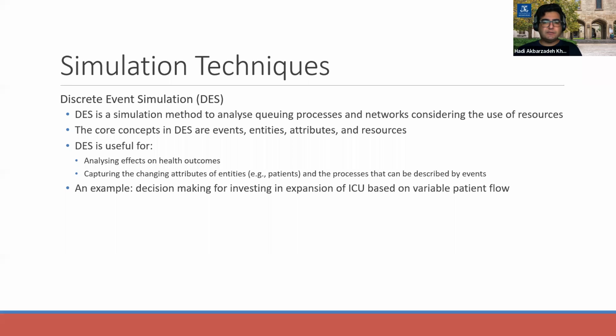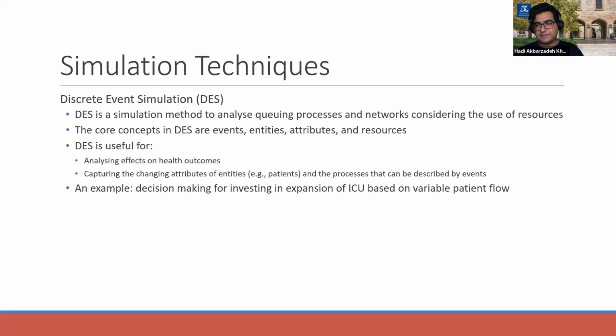So DES, discrete event simulation, is useful for analyzing the effect on health outcomes and also capturing the changing attributes of entities. So if you apply an intervention, what will happen to the number of demands?